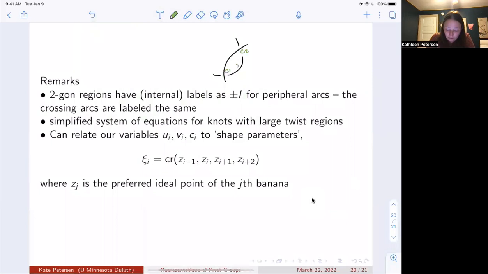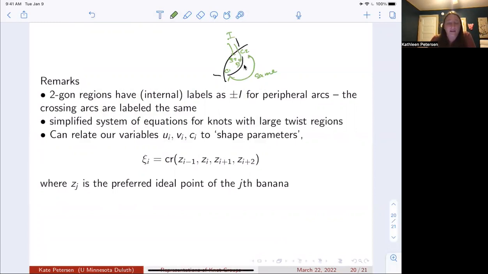And if I do the interior, peripheral 1, peripheral 2, then we would need the equation C1 P1 C2 P2 is the identity. And it turns out that what has to happen is that these two must be the same, and these P's must be the identity for two-gons. So it simplifies the two-gon calculation quite a bit.